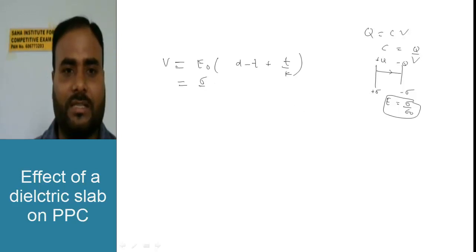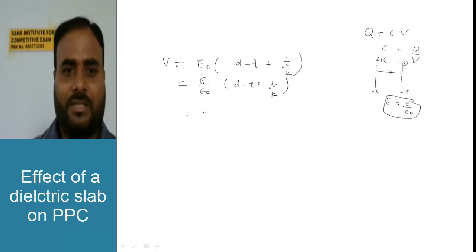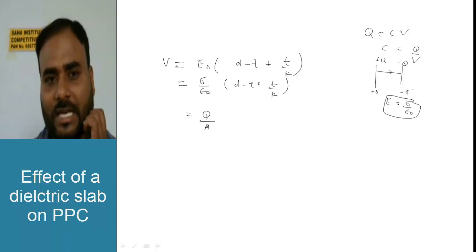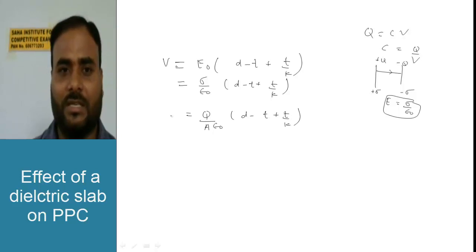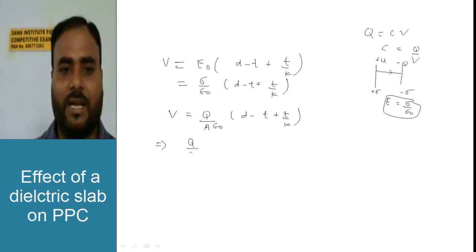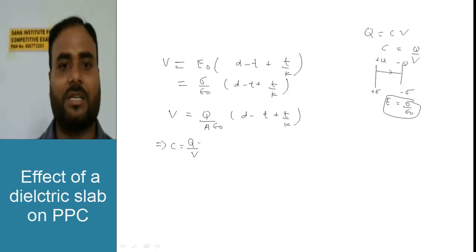So I'm going to write that one, sigma over epsilon naught times D minus T plus T over K. But sigma is, we know, the surface charge density, the charge per unit area, so Q over A epsilon naught times D minus T plus T over K. What is this? This was V. Now I was just required to find Q over V, and that will be equal to the capacitance.